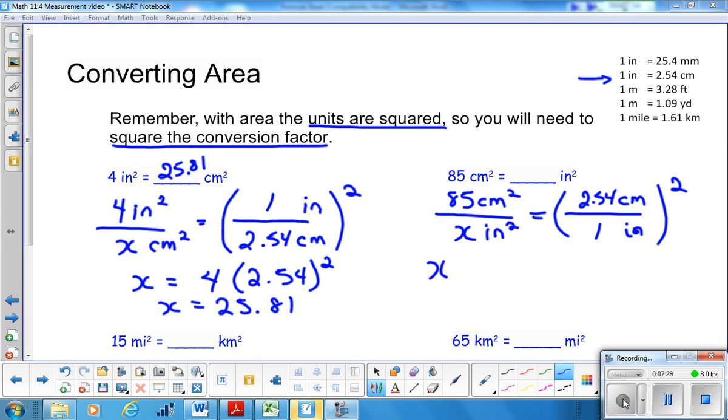So we end up with x times 2.54 squared equals 85. Dividing by 2.54 squared gives us x equals 85 divided by 2.54 squared, or 2.54 twice. And when we divide that out, we end up with 13.18.